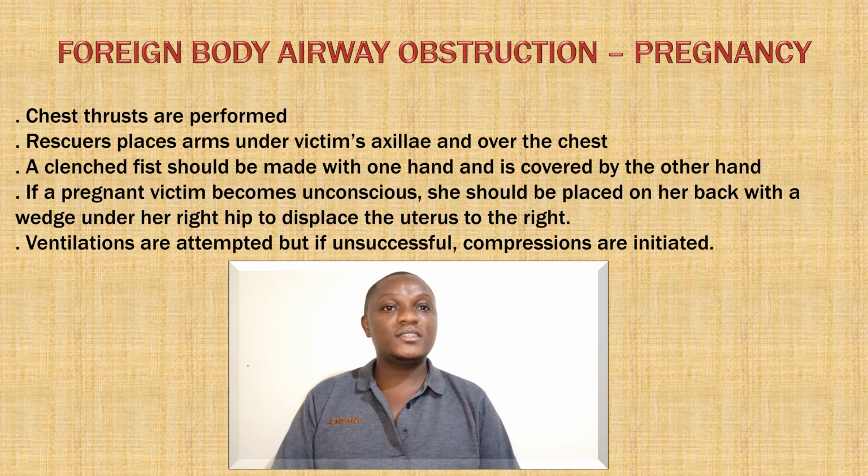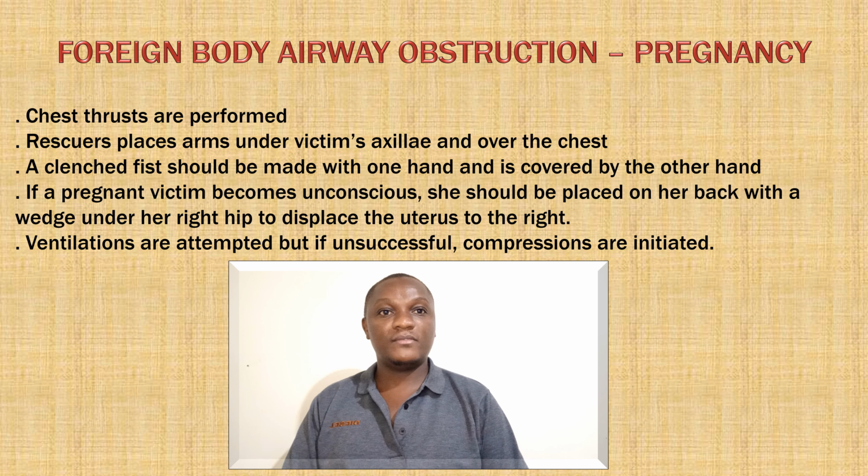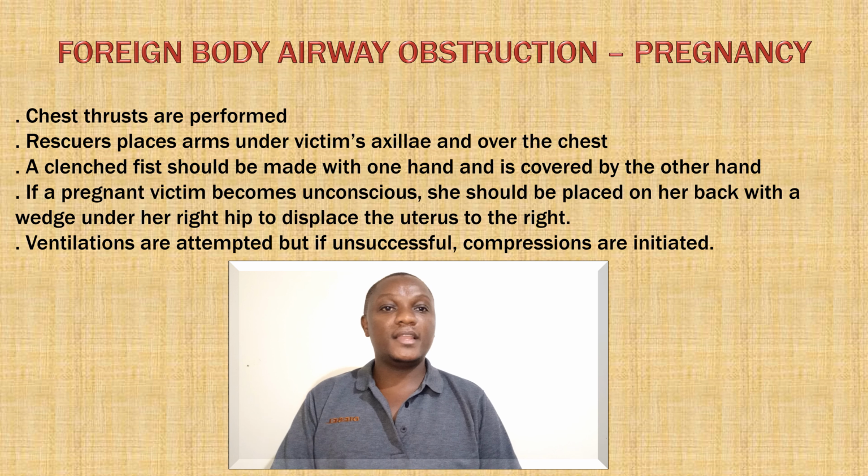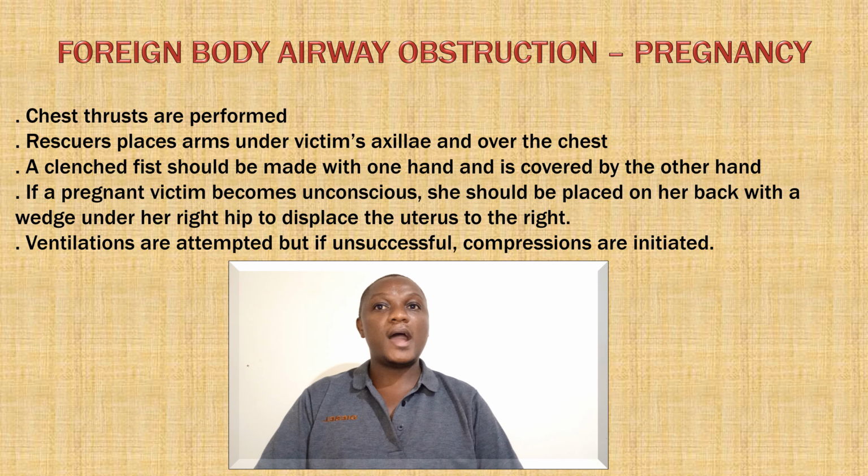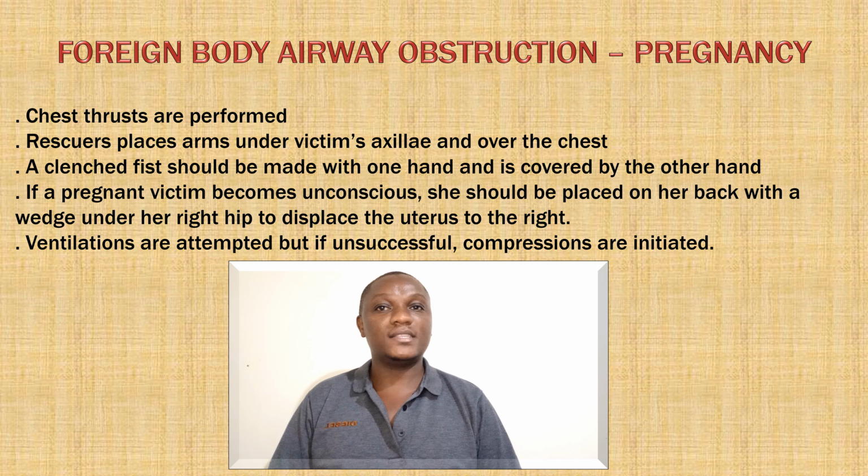What about foreign body airway obstruction for pregnant women? For a pregnant victim, chest thrusts are performed. Not abdominal thrusts, but chest thrusts. The rescuer places arms under the victim's axilla and over the chest.